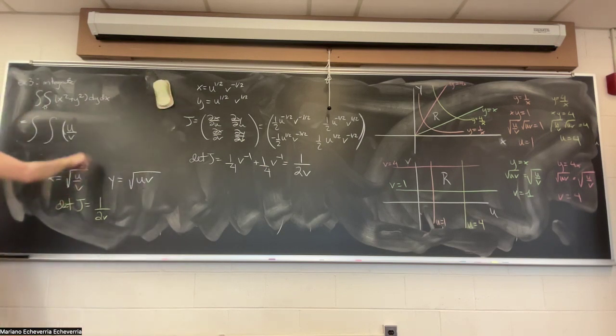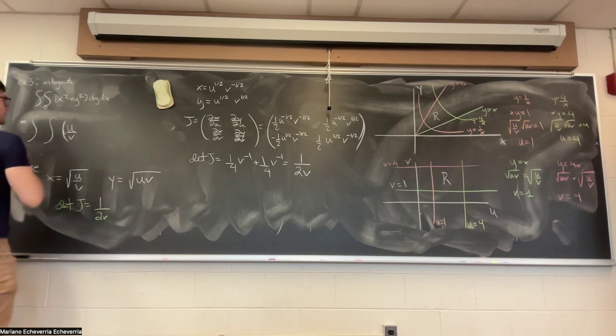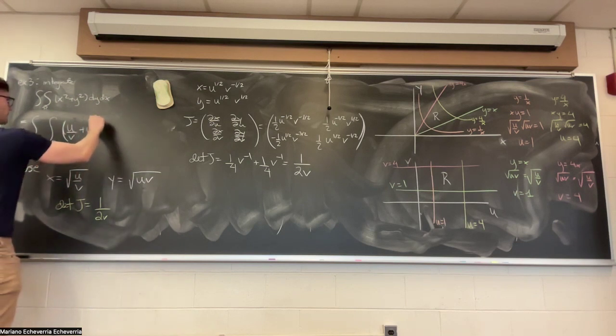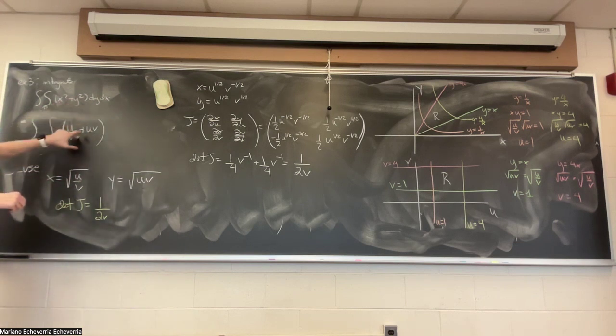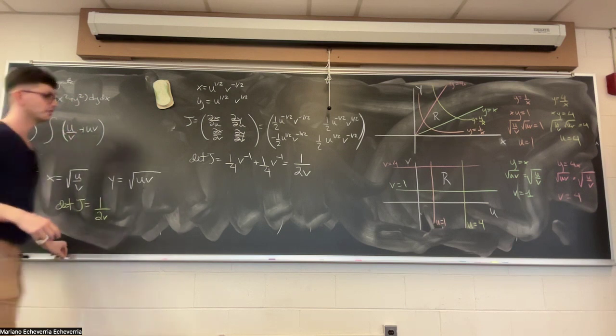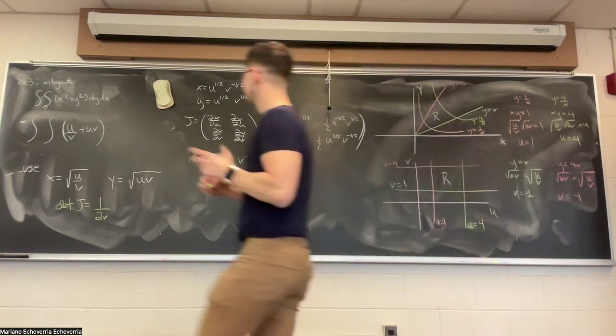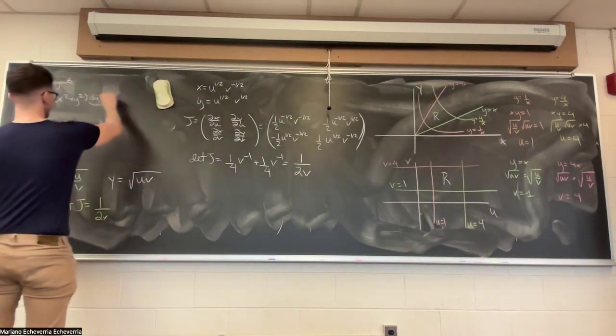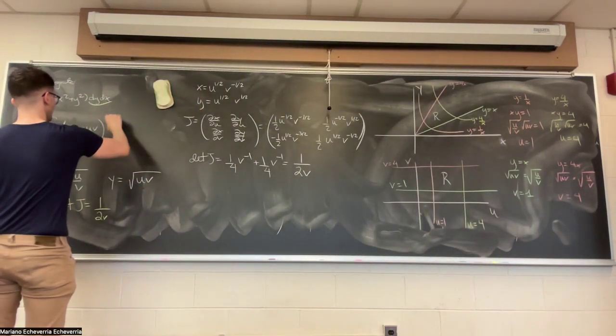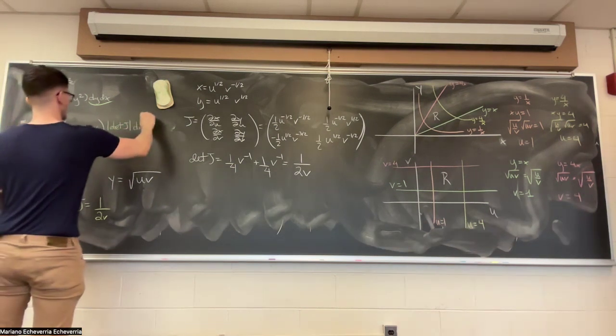And then y squared is just uv. So that is what this gets changed into. And then the dy dx gets changed into the determinant of the Jacobian in absolute value times dv du.